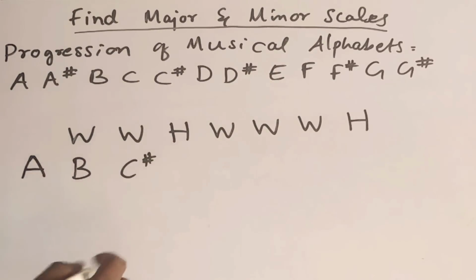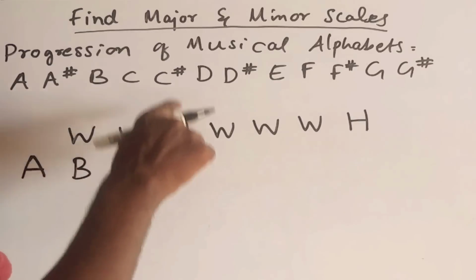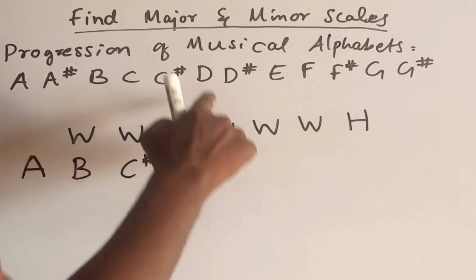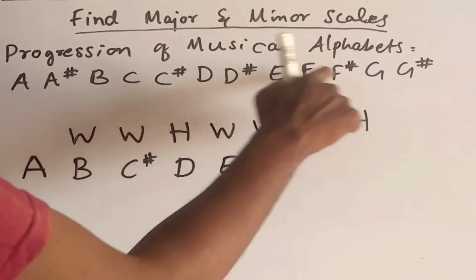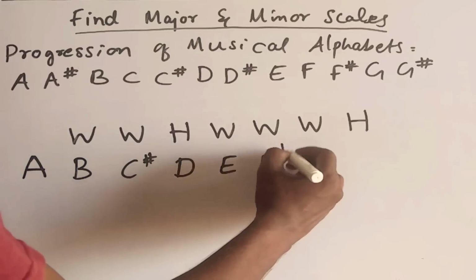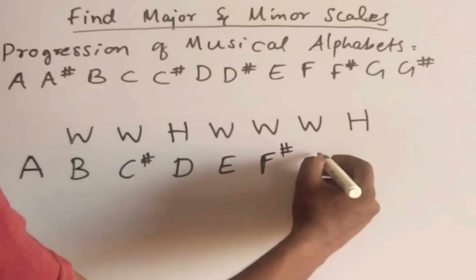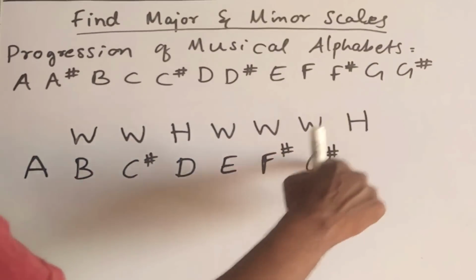C sharp to half step is D. D to whole step is E. E to whole step is F sharp. F sharp to whole step is G sharp. G sharp to half step is A.